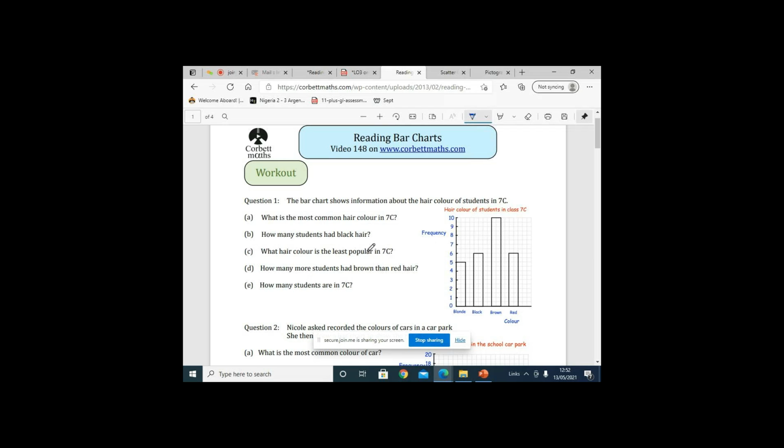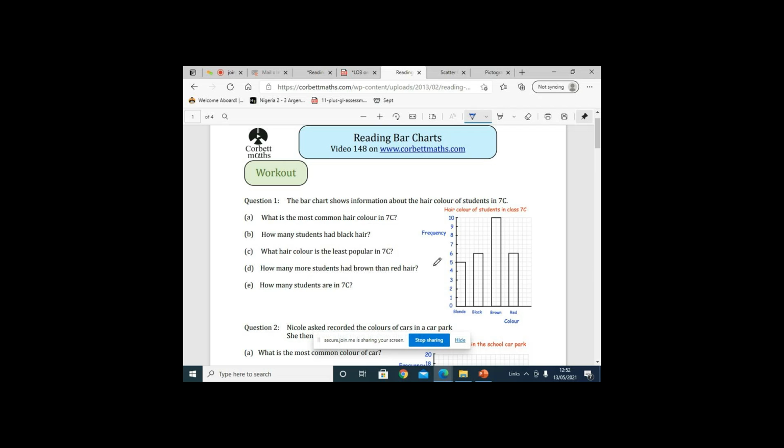How many students had black hair? 6. Good. Which hair color is the least popular? When you say the least, the smallest, that's going to be blonde.